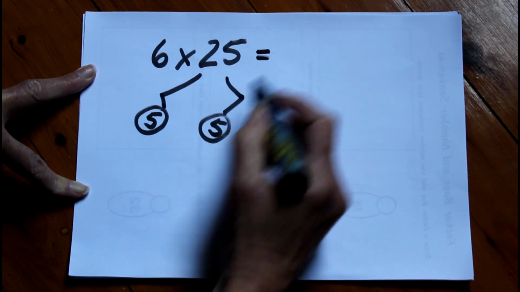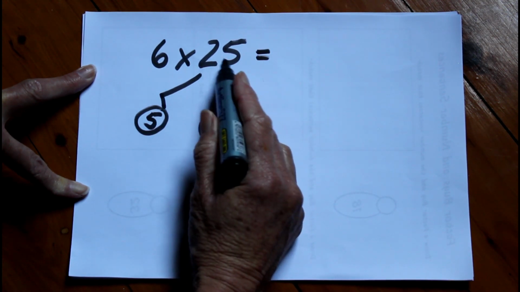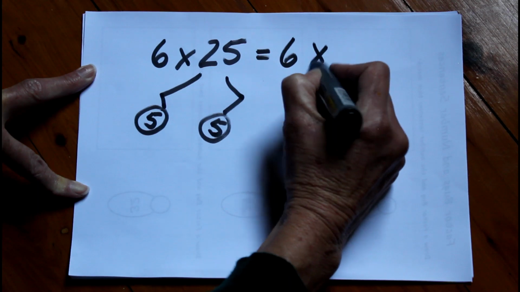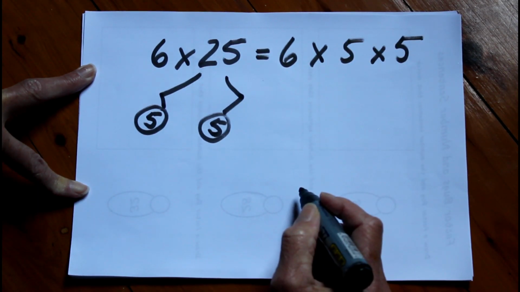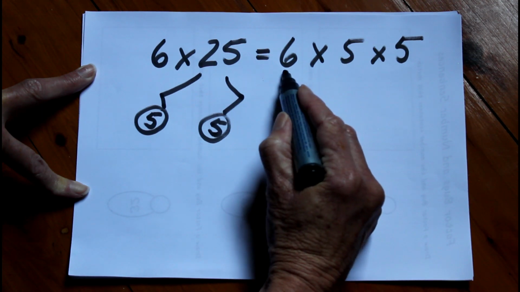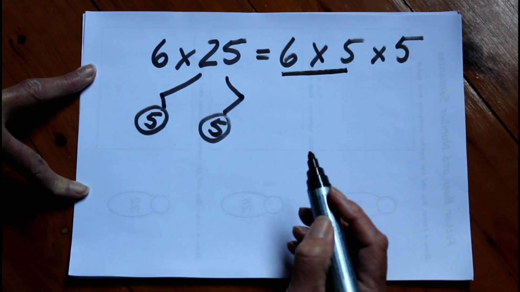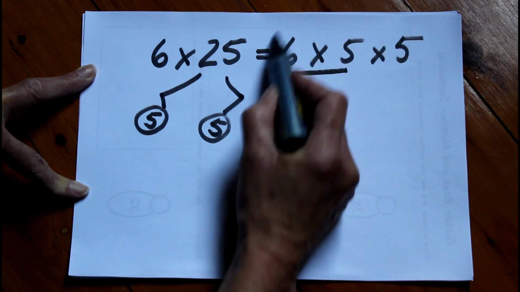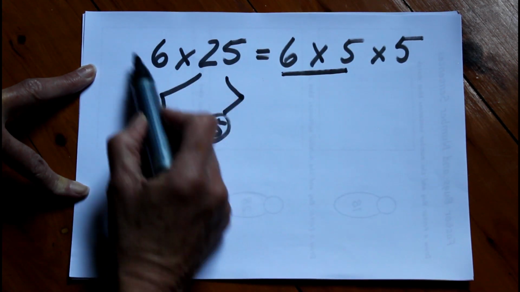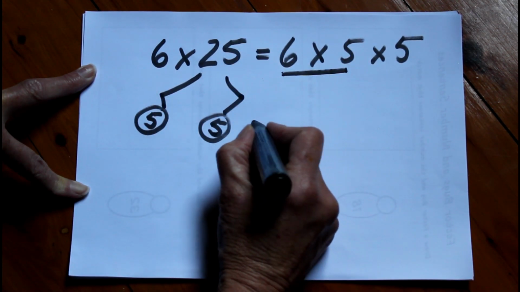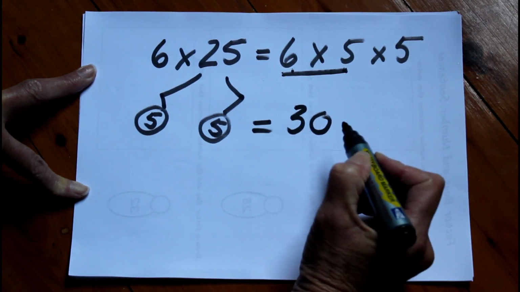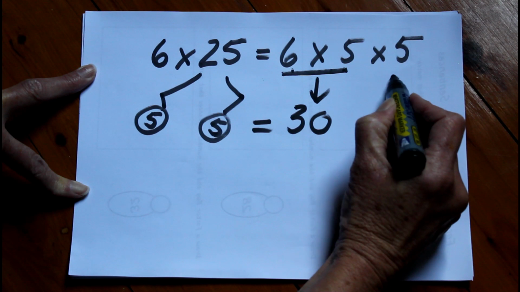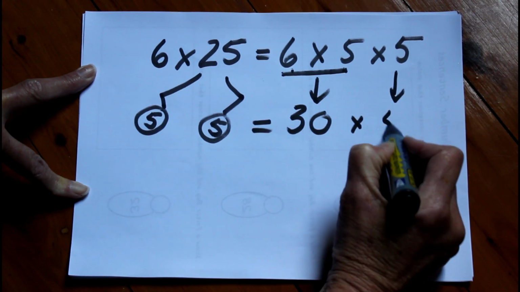So let's rewrite that again. 5 5s are 25, so let's write the 6 times 5 times 5. Again, I'm going to focus on this number here. Again, this number sentence does match this one. It looks different, but it's the same. But 6 5s are 30. I know that. So here's my 30, and I'm going to bring down my 5.